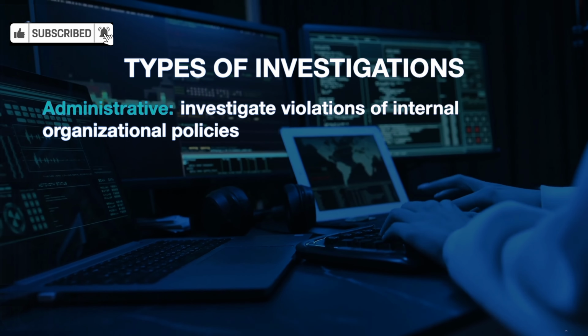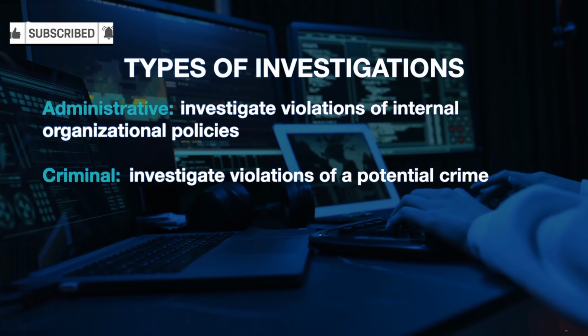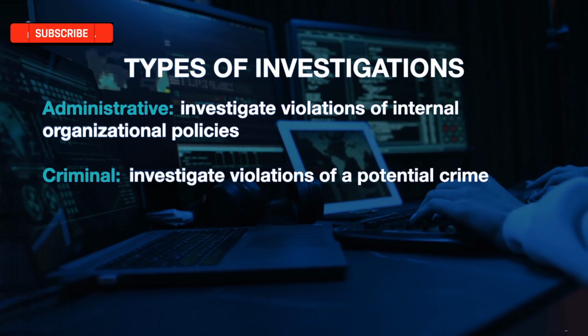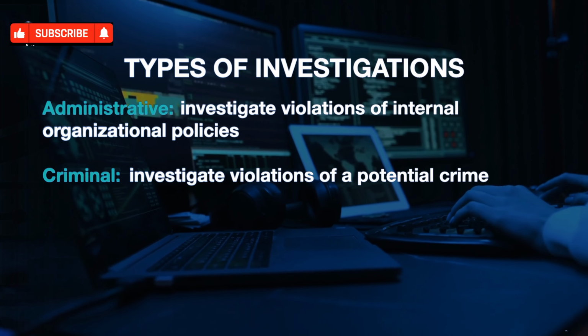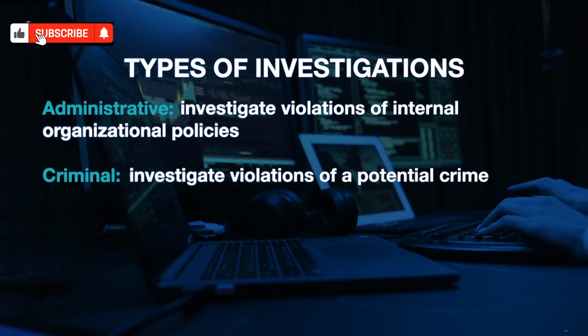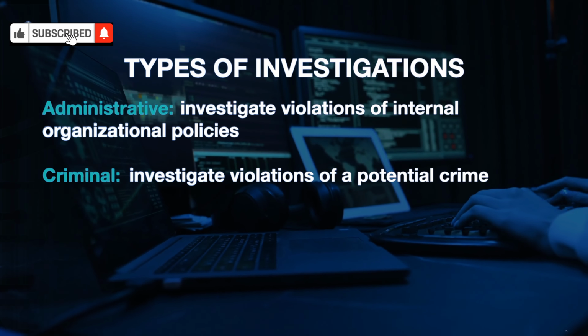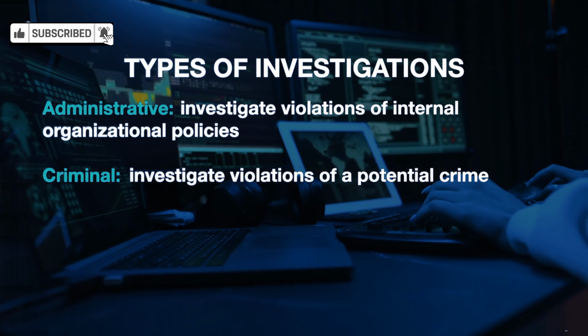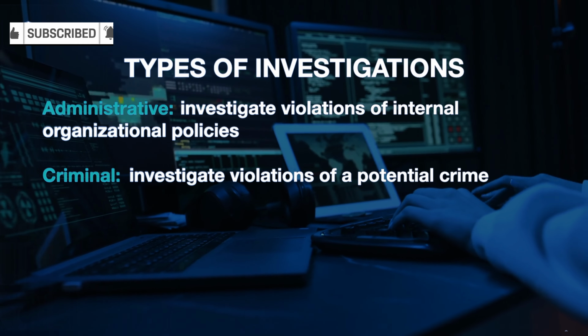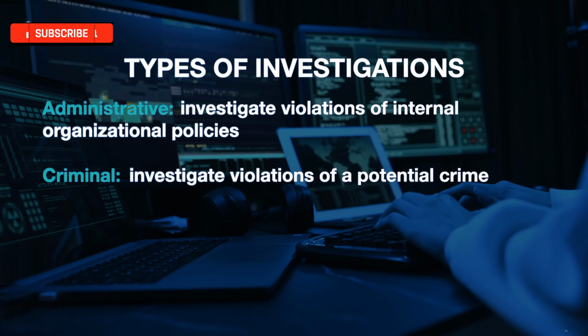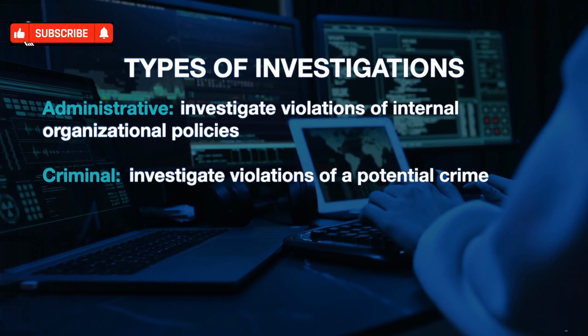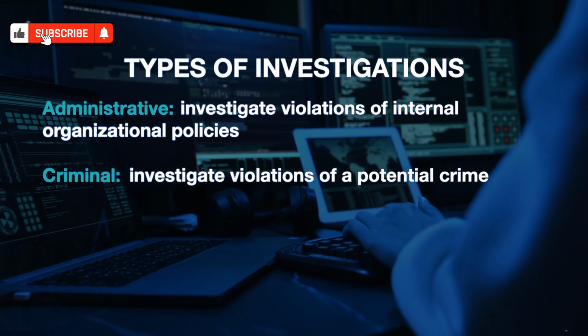When things get serious, that's when we get into the criminal realm. So this is where we are going to investigate violation of a potential crime like data theft, security breach, things like that. This will come down primarily to jurisdiction or authority. Who has authority to press charges or make an arrest based on a crime committed?